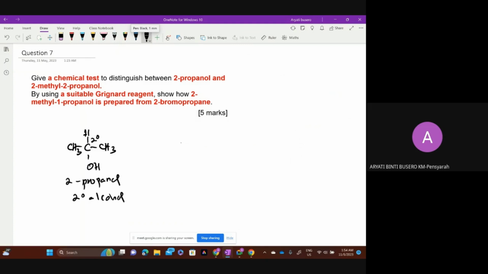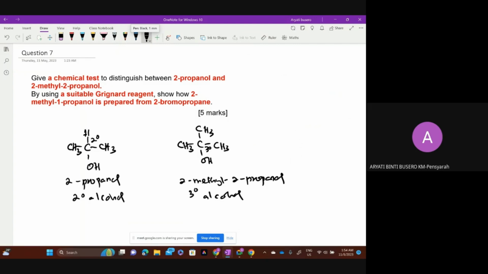2-methyl 2-propanol, 1, 2, 3. On carbon number 2 there is a methyl. OH at carbon number 2. So this is 2-methyl 2-propanol. So the OH attached to this carbon is a tertiary carbon. So this is a tertiary alcohol.